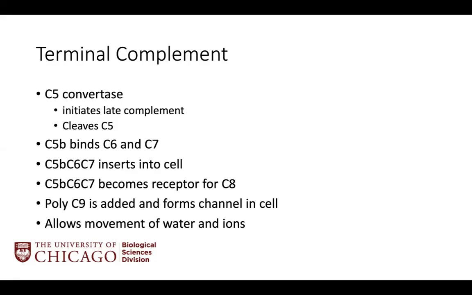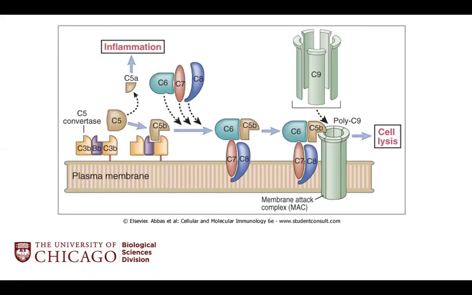This allows movement of water and ions, so it just destroys the cell by letting everything that it needs to remain viable out. So here is a very nice picture.